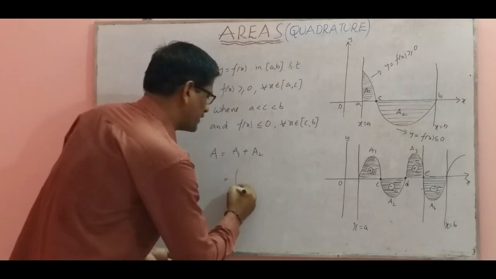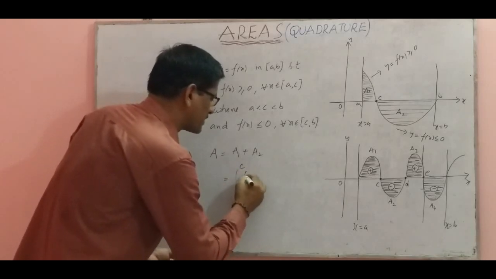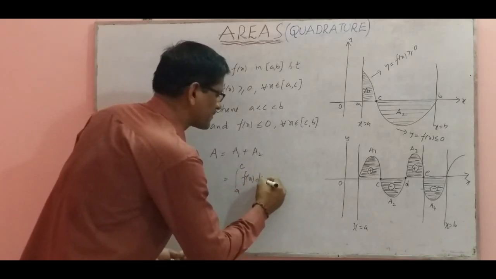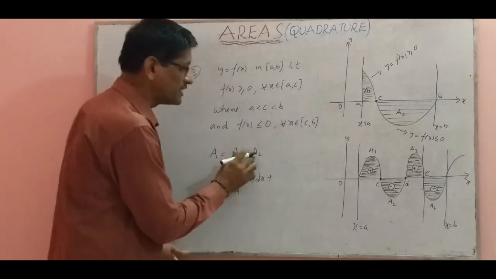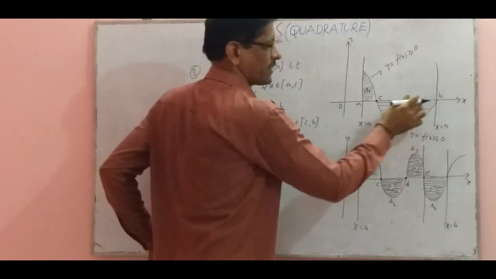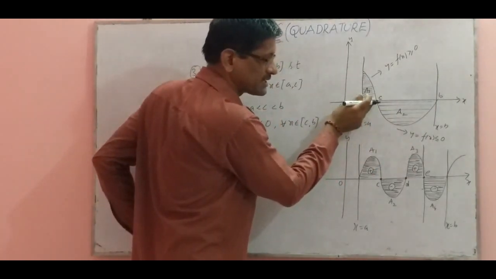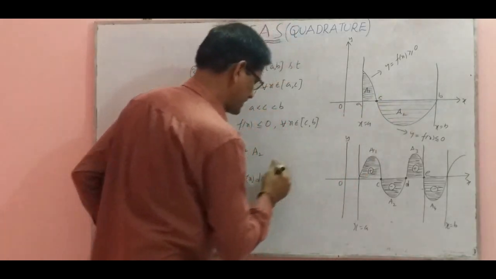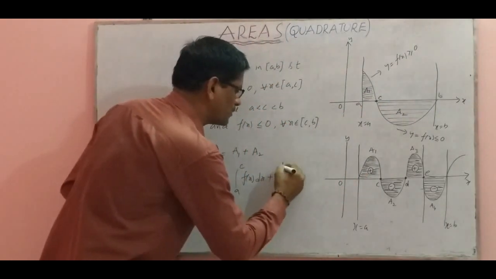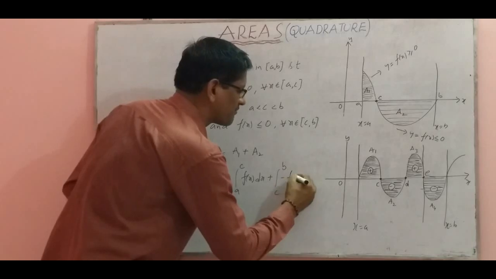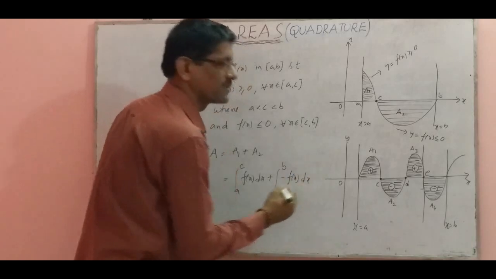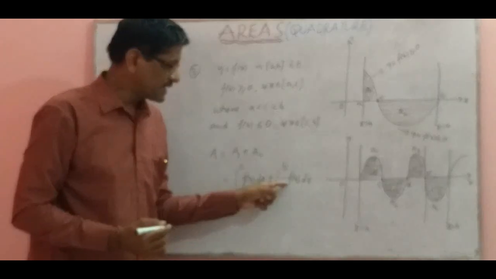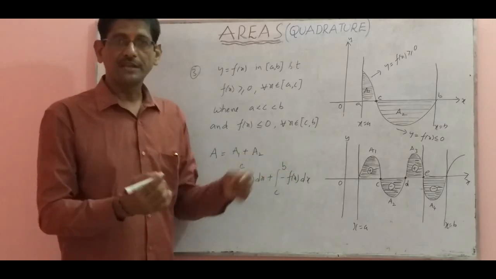That means integral a to c f of x dx. Plus what is the area of A2? The limits vary from c to b. That means integral c to b minus f of x dx. But integration is negative, but area is positive.